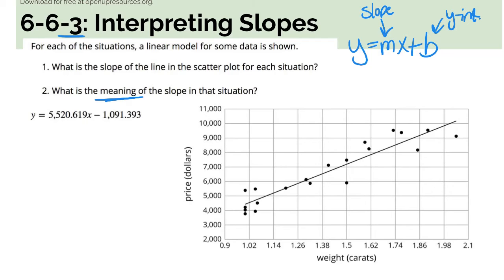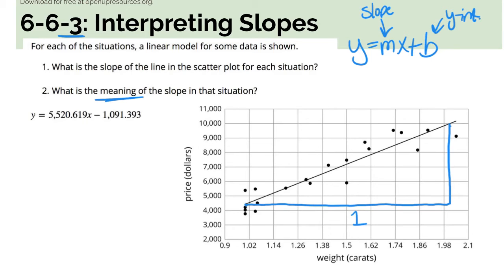Well, let's draw a slope triangle that has a run of 1. So this looks weird because our scale on the bottom is going by very small increments. So to get an increase of 1 carat weight, we need to go all the way from 1 carat weight up to 2, which is about right here.